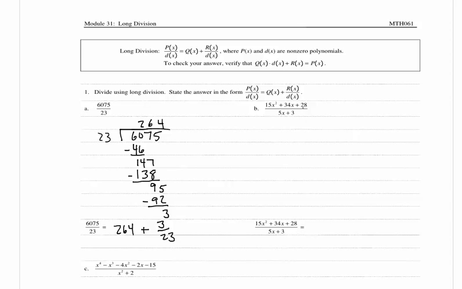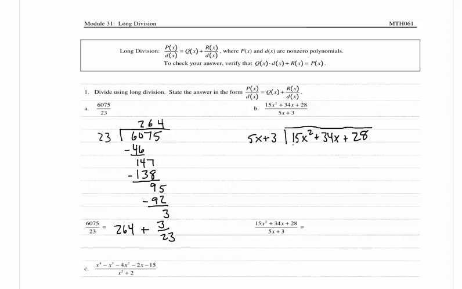And now we're going to go through the same steps that we went through with a numerical division, and we're going to do it with polynomials. So we're going to have our divisor, which is 5x plus 3, division sign, and then the dividend inside, which is 15x squared plus 34x plus 28.